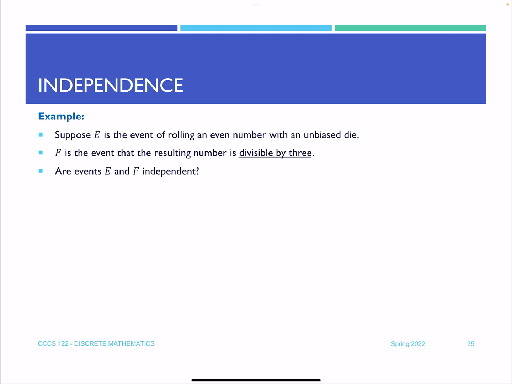Okay, example. Suppose E is the event of rolling an even number with an unbiased die, meaning rolling a 2, a 4, or a 6. F is the event that the resulting number is divisible by 3. Are events E and F independent?